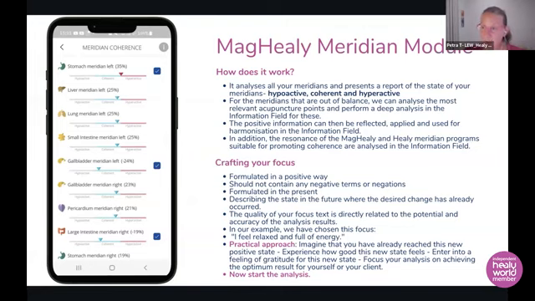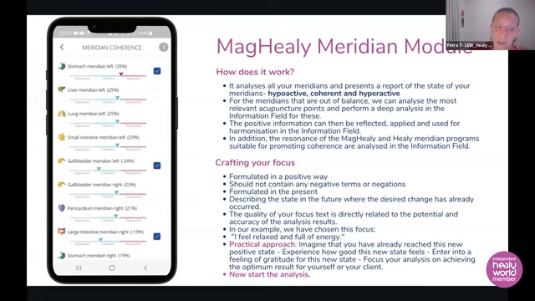Now it does, because it works on a magnetic field anyway, it actually taps into the quantum field really easily. And it gives you a really in-depth report. I'm going to show you all the reports. It's quite in-depth.